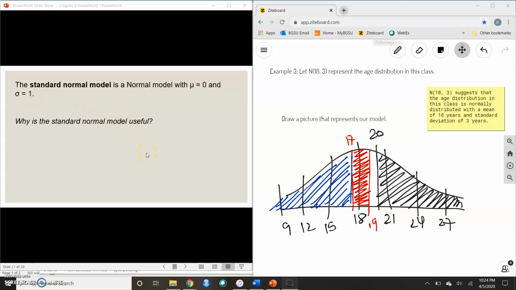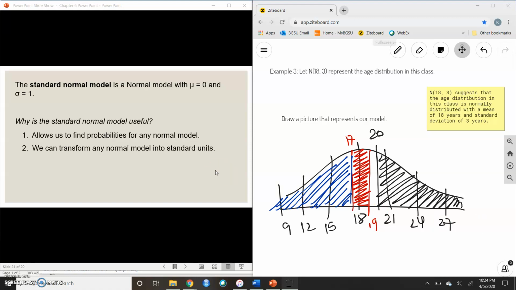So why is the standard normal model useful? Number one, it helps us find probabilities for any normal model. Whenever we have just a normal model like the one I've drawn right here, I can't find the area under the curve because each data set will be unique, so it's not guaranteed that using this picture that I drew right here, I can find the area for a completely different problem.